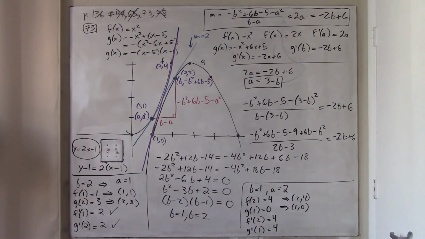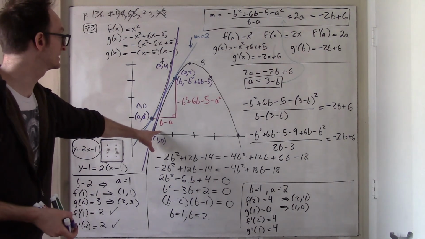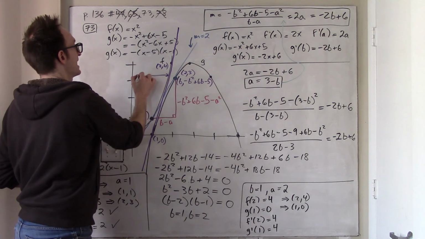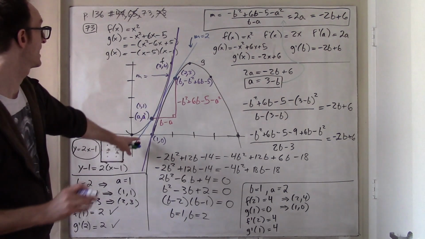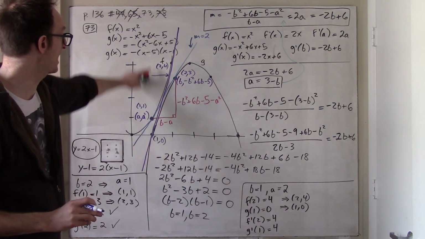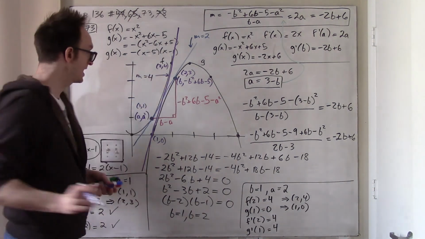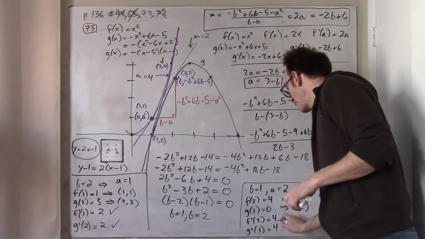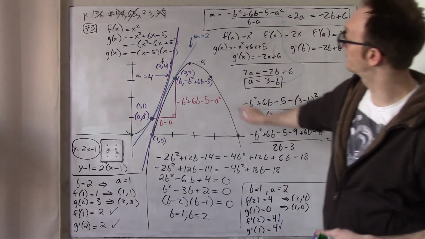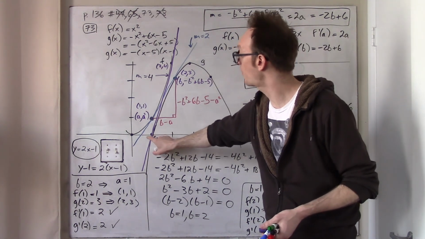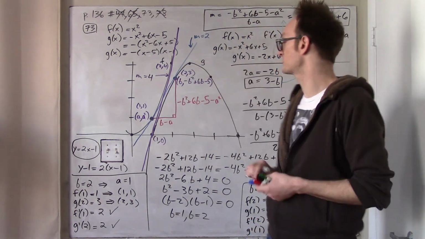And, of course, if you use delta y over delta x to compute the slope of this line, I'm going to go up 4 and over 1. So, indeed, the slope of this line is 4, and I've already checked that the derivative of g at 1 is 4, and the derivative of f at 2 is also 4.